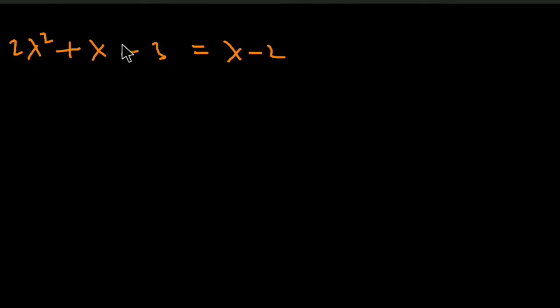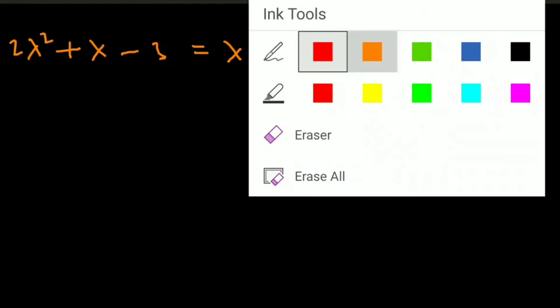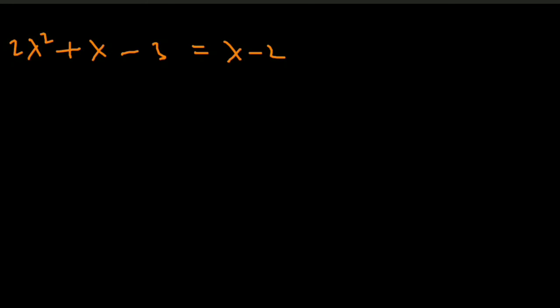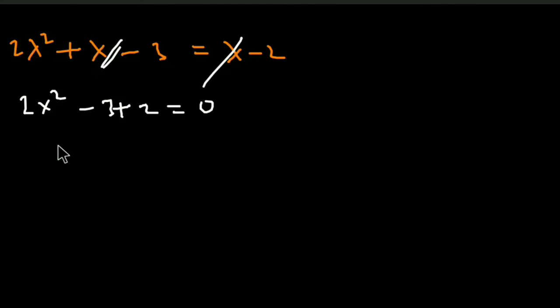So on solving this, cancelling x on both sides, finally we get 2x square minus 3 plus 2 equal to 0.